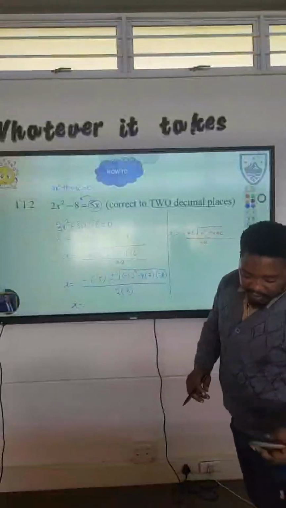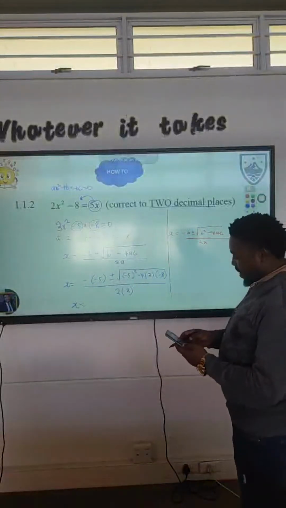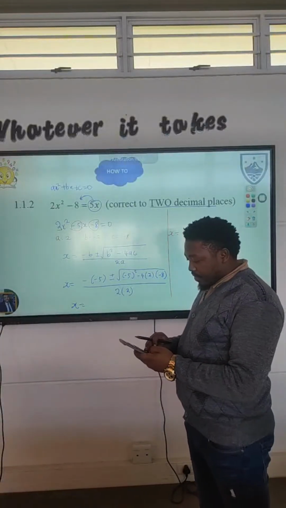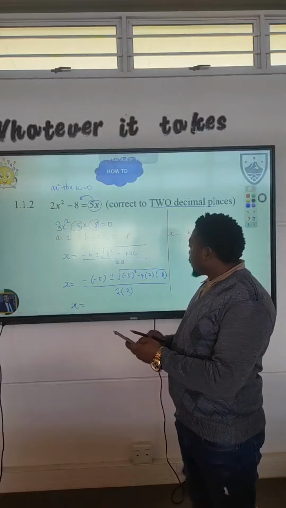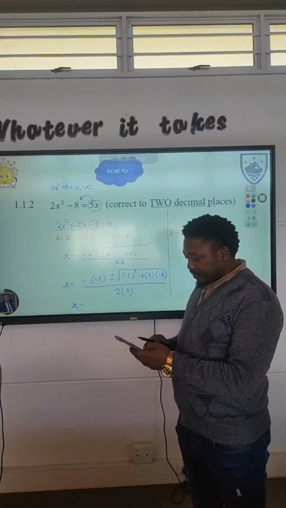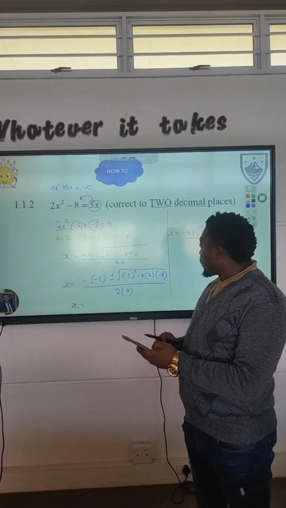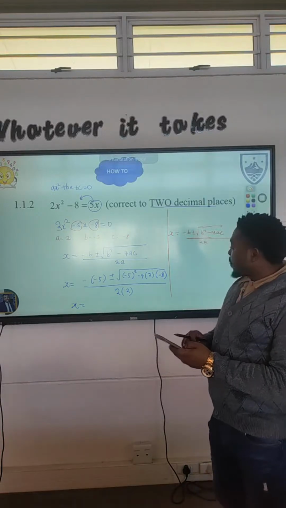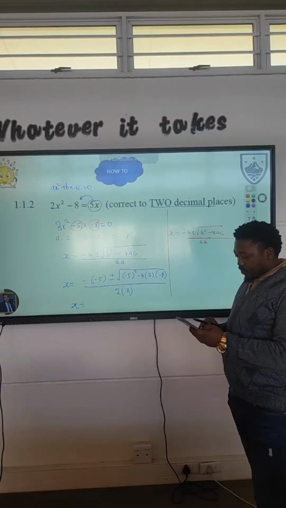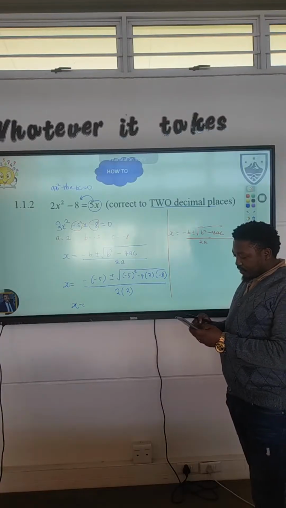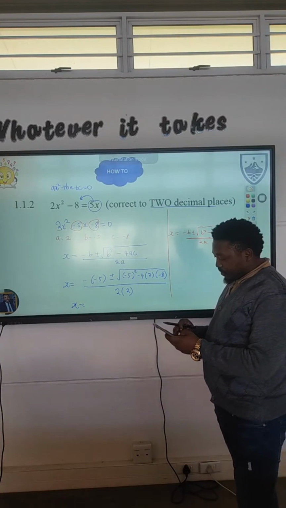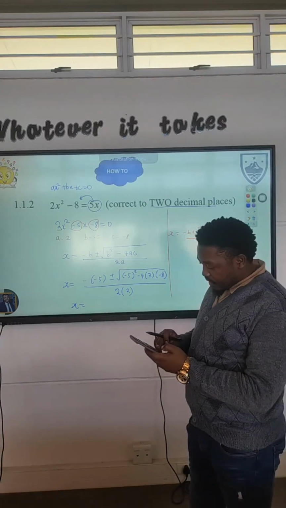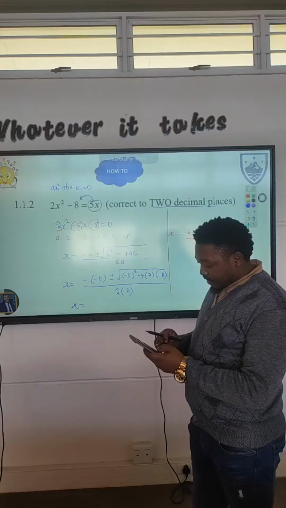So let me see, if I press it on a calculator, we will have a minus -5, and then I'll start with the plus and then the square root. Let me make sure I do it the way I want you guys to do it.